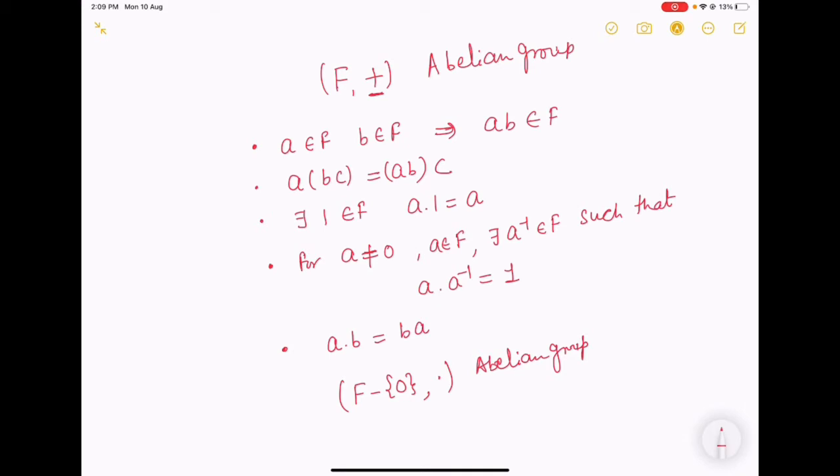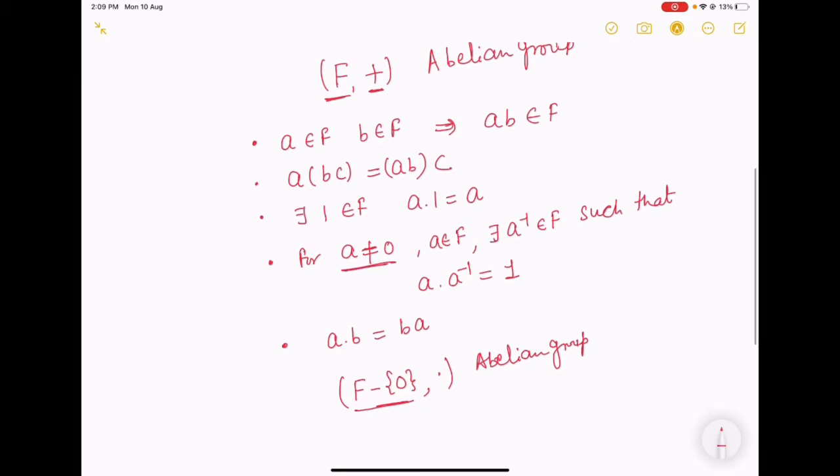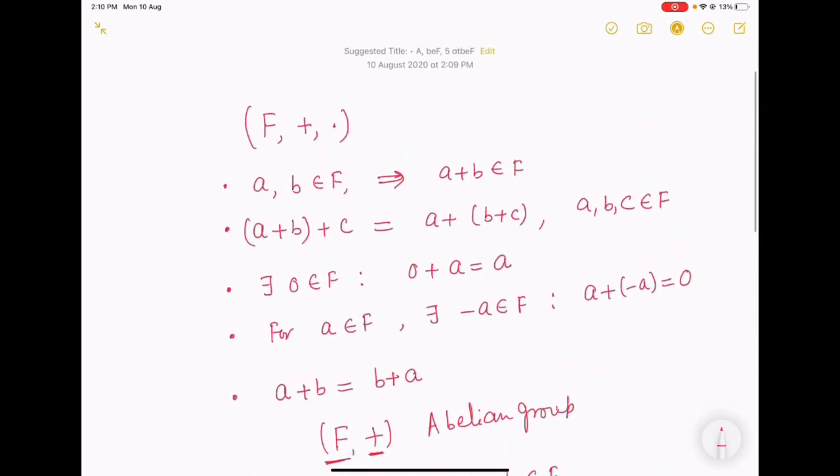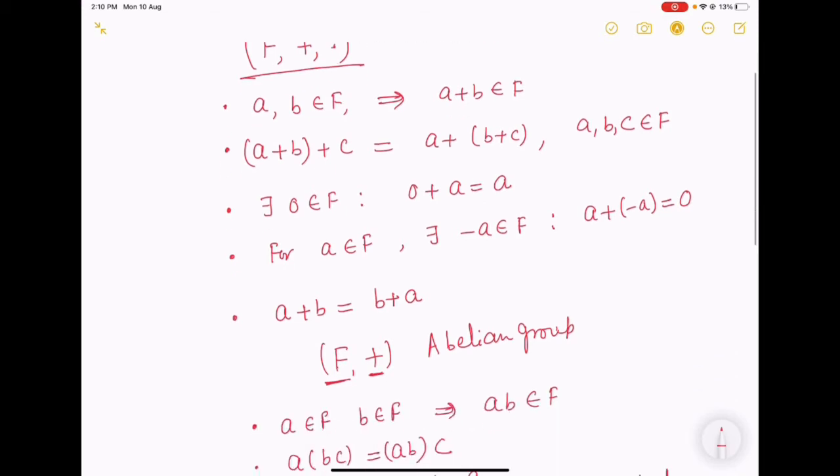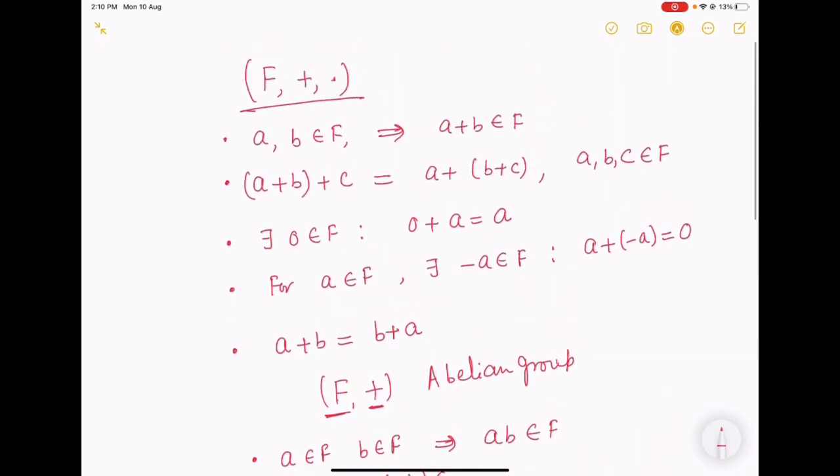Here we exclude the 0 because every non-zero element has a multiplicative inverse. Not every element, every non-zero element has a multiplicative inverse. With these properties, F forms an algebraic structure with respect to two operations, addition and dot, and this algebraic structure satisfying these 10 properties is called a field.